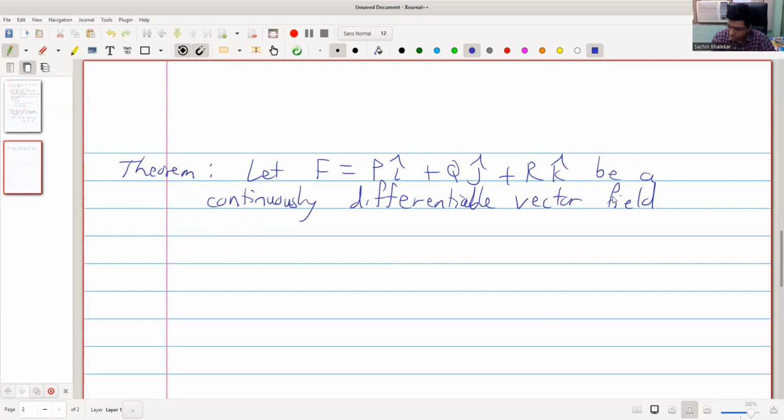On an open convex set S in R3. So open set means if we consider any point in that set, then we should be able to find an open ball around that point which is contained in that set.